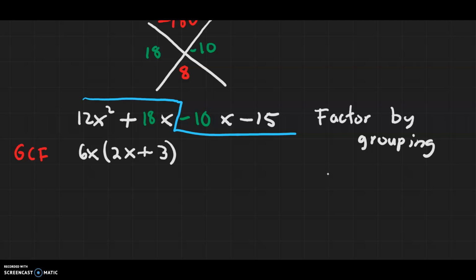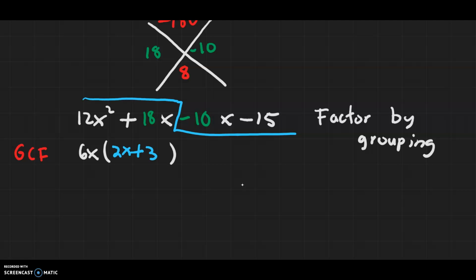Now the nice thing about factoring by grouping is if it's going to work, we have a 2x plus 3 here. So maybe I'll make that a different color real quick, just so it is identifiable. I'll make it blue. So we have a 2x plus 3.